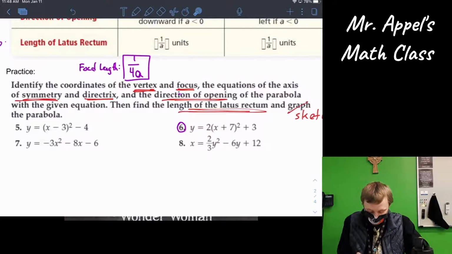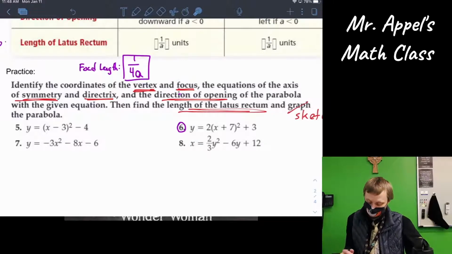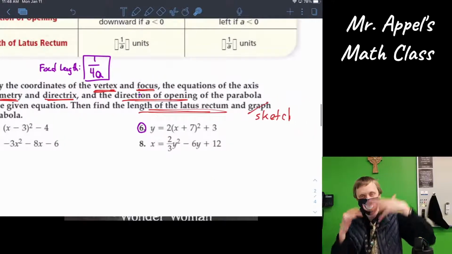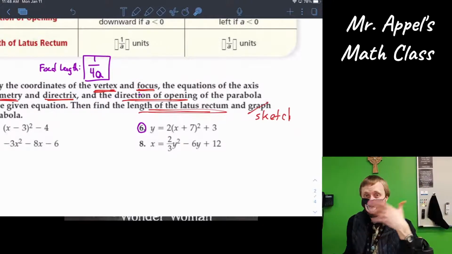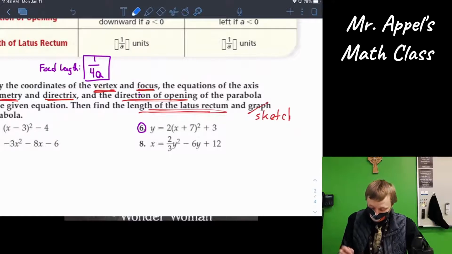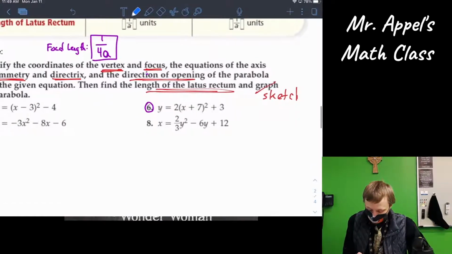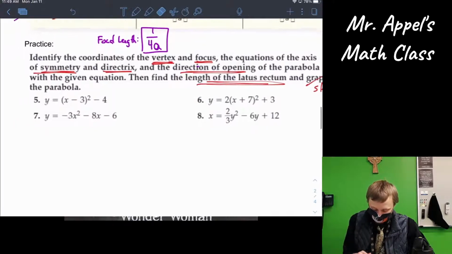Of course, the equation of the axis of symmetry and directrix, direction of opening, and length of the latus rectum. And it says graph. I'm going to say we'll just produce a quick sketch. You, of course, have the graphing calculator, so you can easily get a very accurate graph to compare to from there. But our computation-wise, oh, wait, you know what? Let's not do 6. 6 is already in vertex form. That's too easy. Let's do 7.